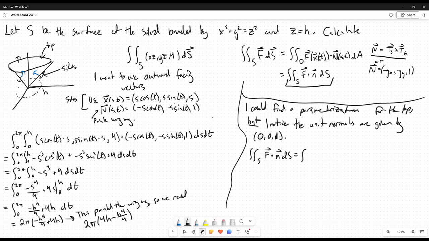So what's this going to be? Well, this will be xz, yz, 4, dotted with 0, 0, 1. And again, we're going to be integrating this. I should call this ds2 or something because we're talking about the top here. This was like maybe the ds1 or s1 of f ds.